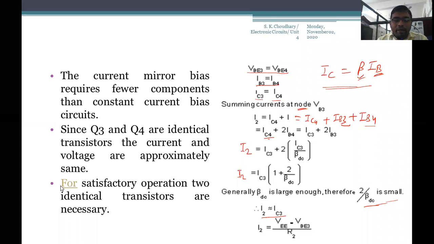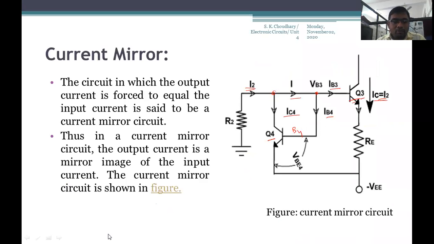And what is the value of I2? On which factor does I2 depend? You can see here, I2 is equal to VEE minus VBE3 upon R2. You can refer to this diagram. So what is I2?